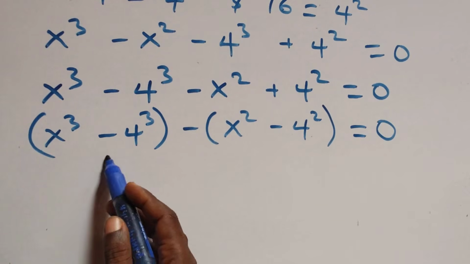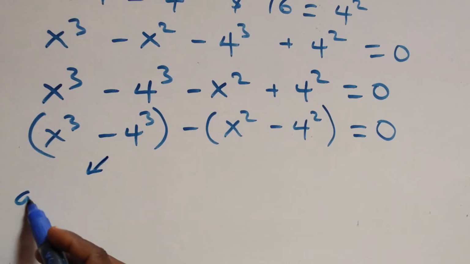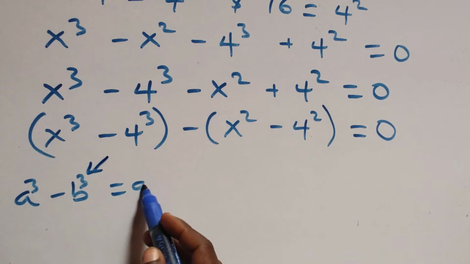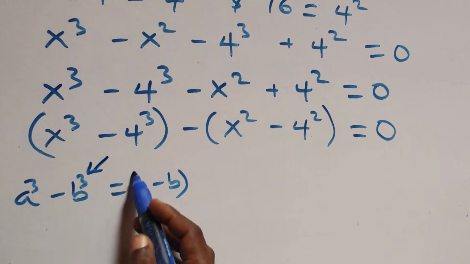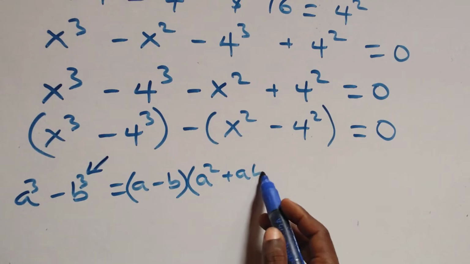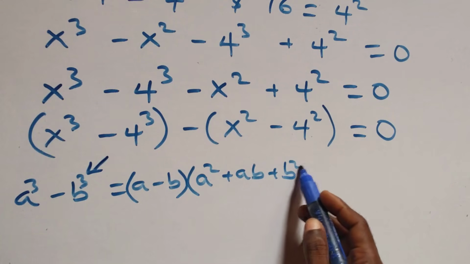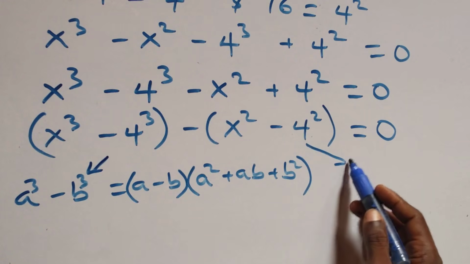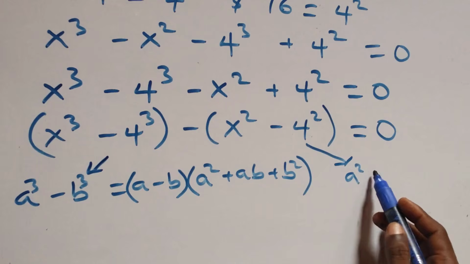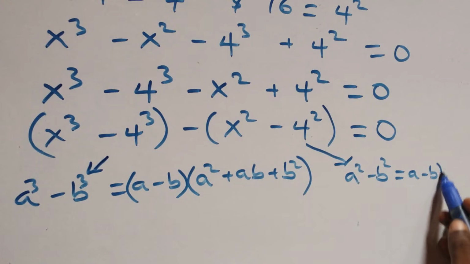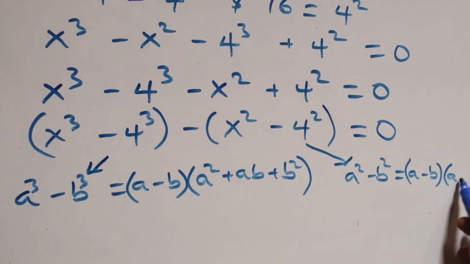Then this first bracket follows when we have a raised to power 3 minus b raised to power 3, which is same thing as a minus b into bracket a squared plus ab plus b squared. And also this second bracket follows when we have a squared minus b squared, which can be expressed as a minus b into bracket a plus b.